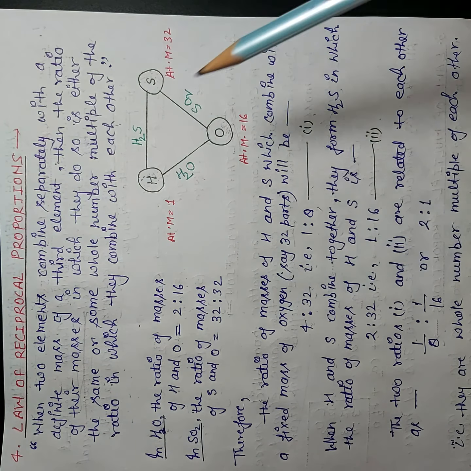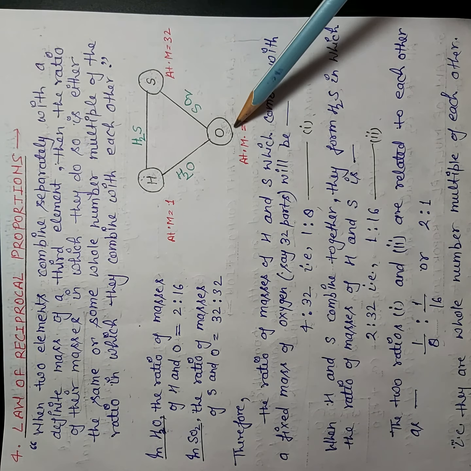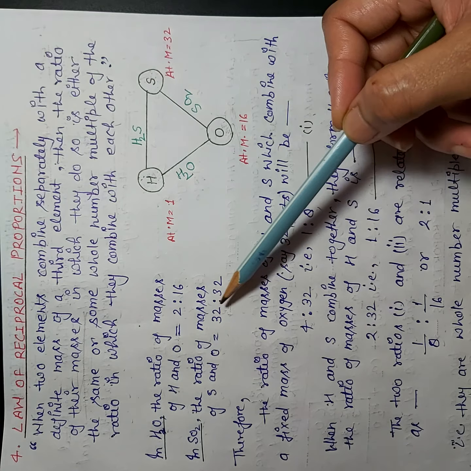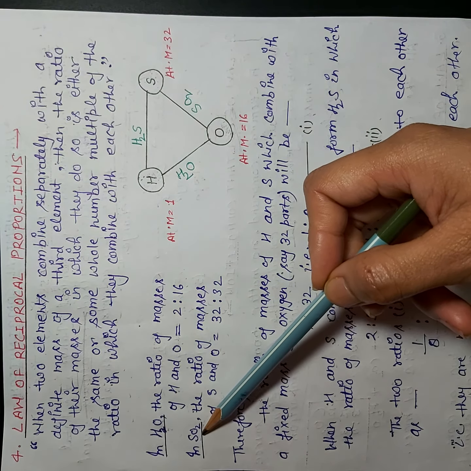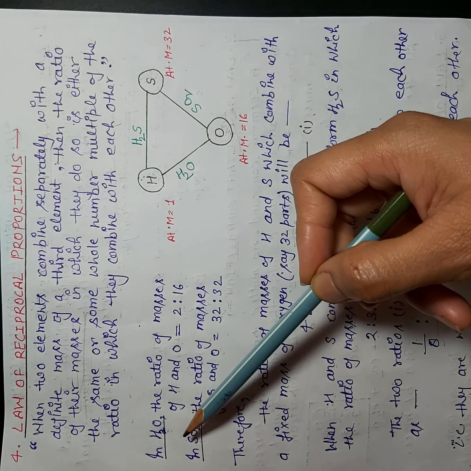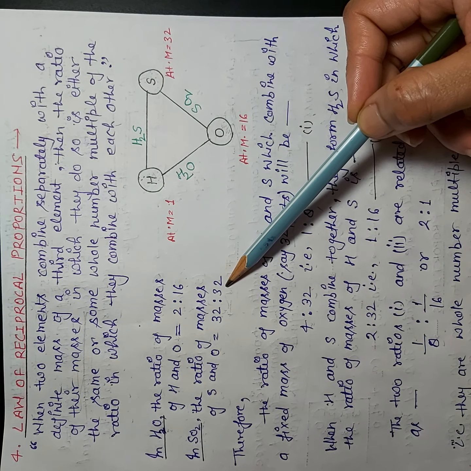So 2 is to 16. And what about SO2? In SO2, the ratio of masses of sulfur and oxygen equals 32 is to 32, because the atomic mass of sulfur is 32 and for oxygen 2 is to 16, then 32.